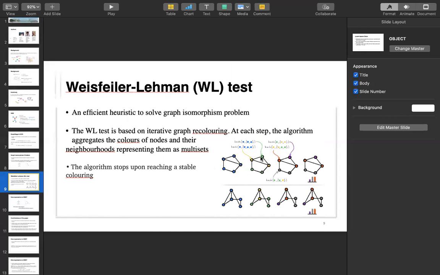Then for each node, for example, let me annotate, for this node here, we aggregate the information from its neighboring nodes, and we can see that it's 3 blue nodes, plus itself is a blue node, which is denoted here. So we denote it as yellow.